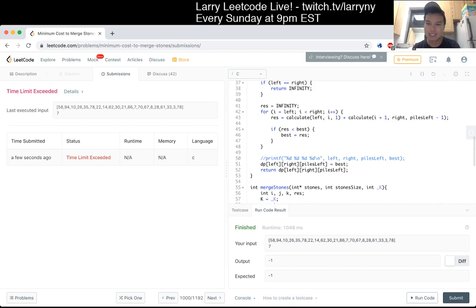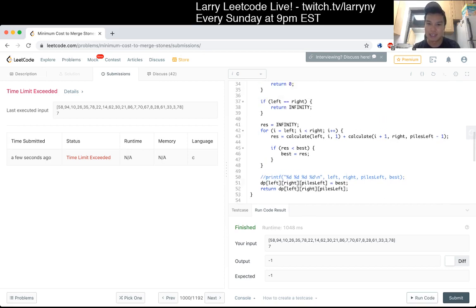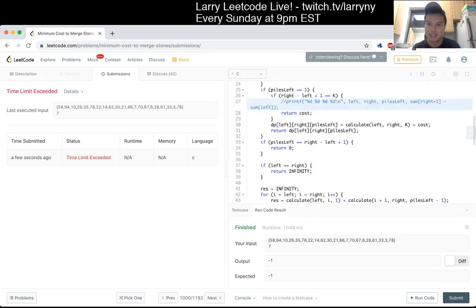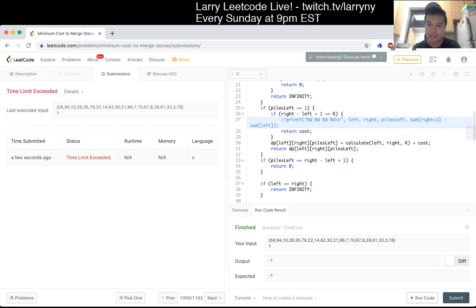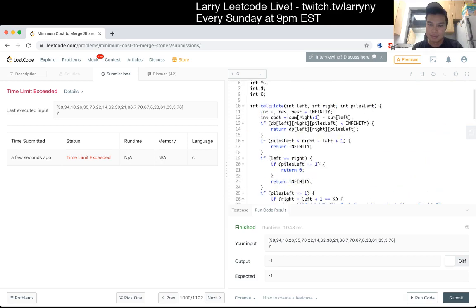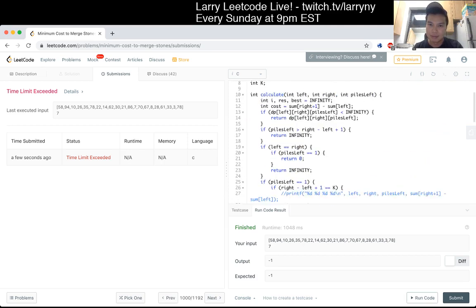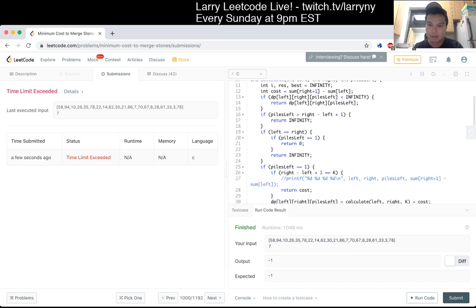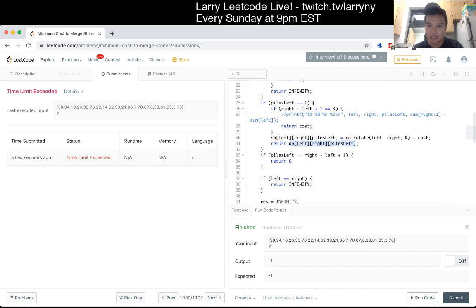So it's fast enough for this test case, but I think it's what you call it? But yeah, the summation of the time is too slow.